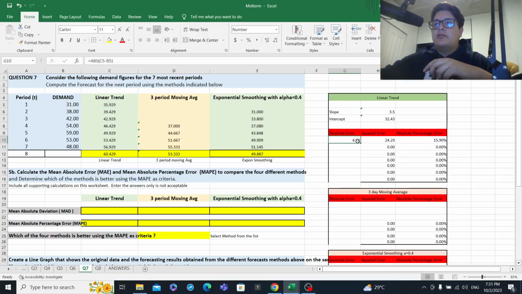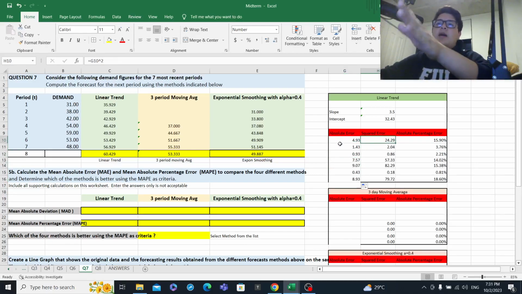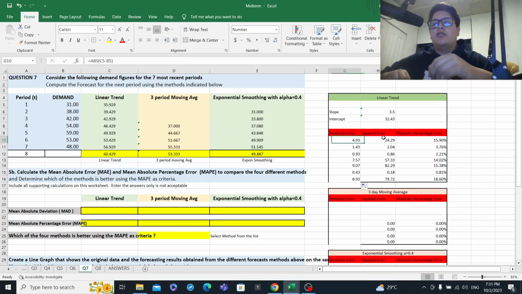Grab it and pull it. We also have to calculate the squared error, that is basically the absolute error squared.